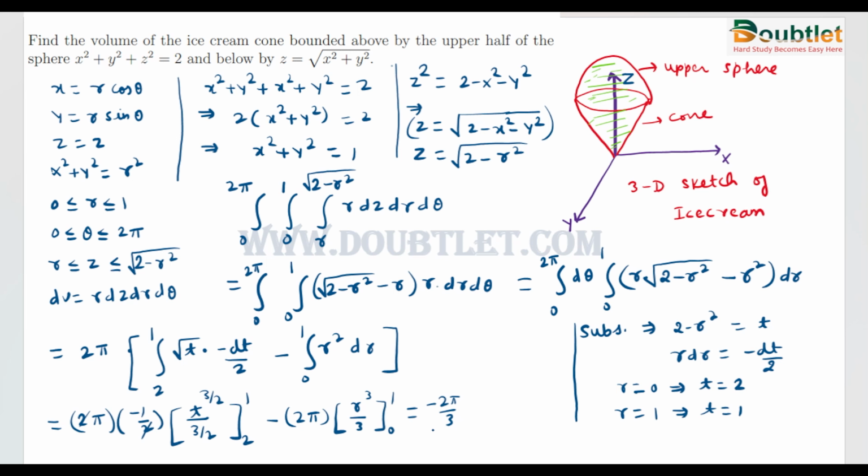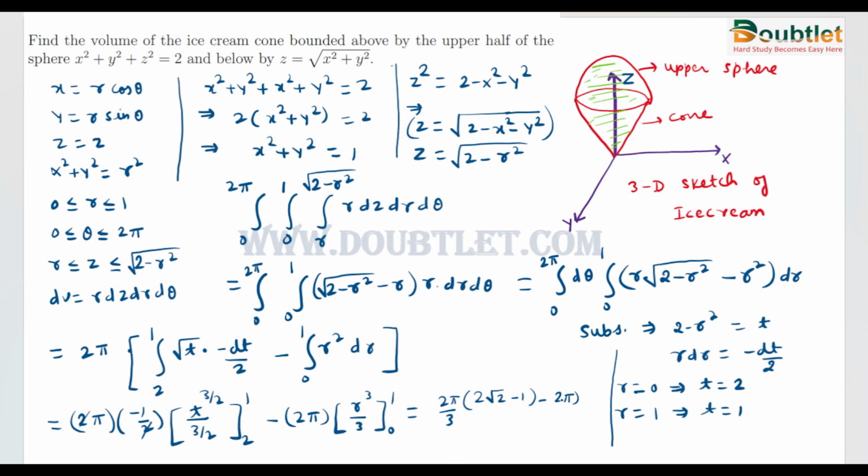If we cancel out the minus here, the limits will be reversed. So we can write it as 2 under root 2 minus 1. So minus 2 pi again, and it will become 1 by 3.